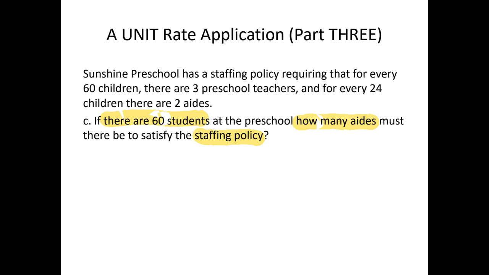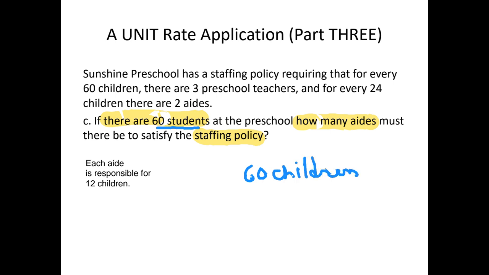So therefore, we're going to take the 60 students, or what we're going to call 60 children, and we're going to divide it by 12 children. Well, notice the nice part. This became a ratio.